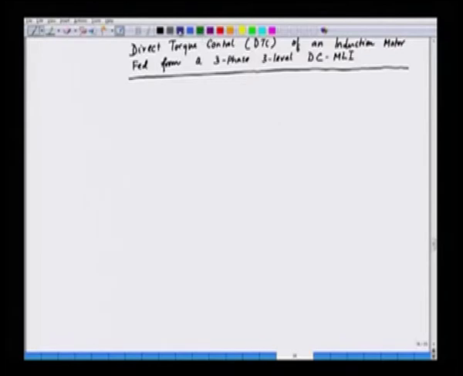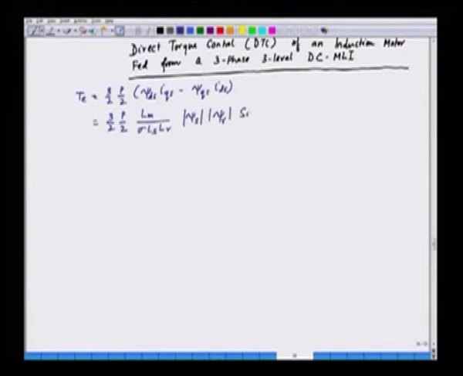First of all, we understand that the torque is basically the product of flux and current, psi ds iqs minus psi qs ids, and this can be simplified as equal to 3/2 into P/2 into Lm/(sigma Ls Lr), psi s amplitude and psi r amplitude, and the sine of the angle between them.